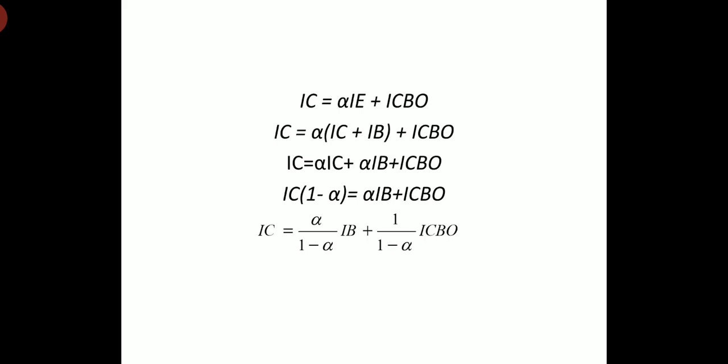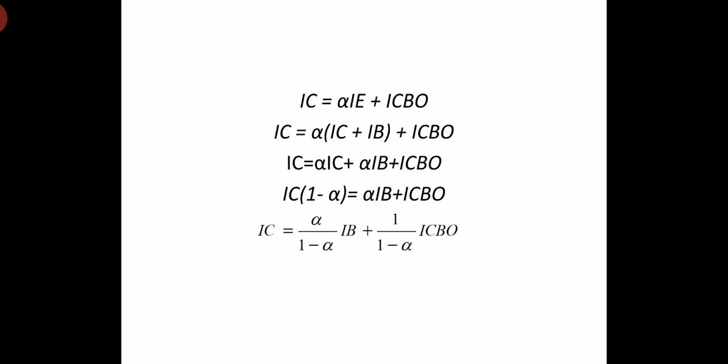So, IC equal to IC majority plus IC minority. What is IC majority? Alpha IE, as alpha equals IC by IE. So, IC majority will become alpha IE, plus IC minority, which is ICB naught, the reverse current. ICB naught is the collector to base current when the emitter is open.